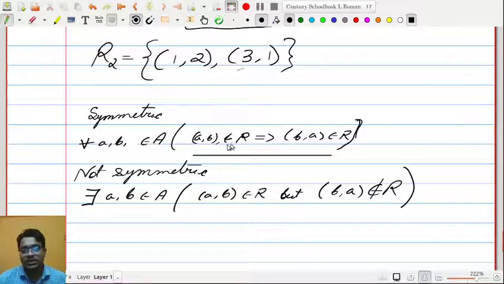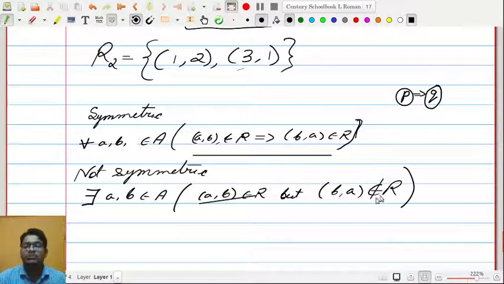These are the rules of mathematical logic: the implication P implies Q is false when the hypothesis is true but the conclusion is false. So here, if (a, b) belongs to R but (b, a) doesn't belong to R, in that case this doesn't imply this.